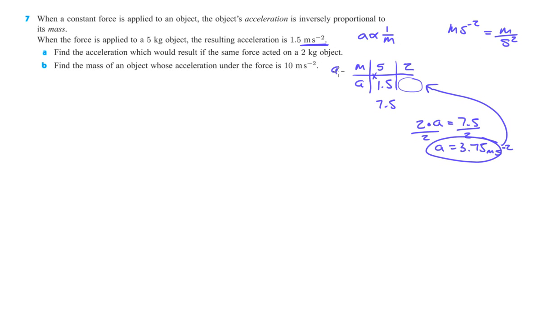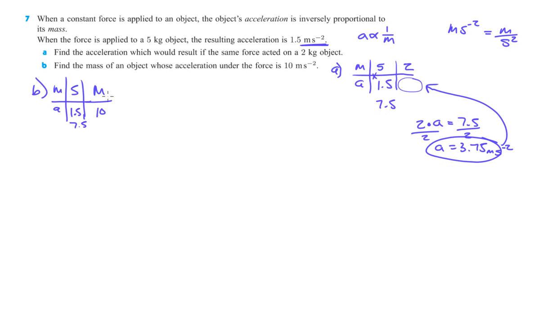So this was A. Then maybe we'll do part B over here. Find the mass of an object whose acceleration under the force is 10 meters per second squared. So we still have our M and our A, and we know that 5 and 1.5 is true. We know that multiplies together to give 7.5. So now they're saying find the mass of the object, the M up here, whose acceleration under the force is 10 meters per second squared.